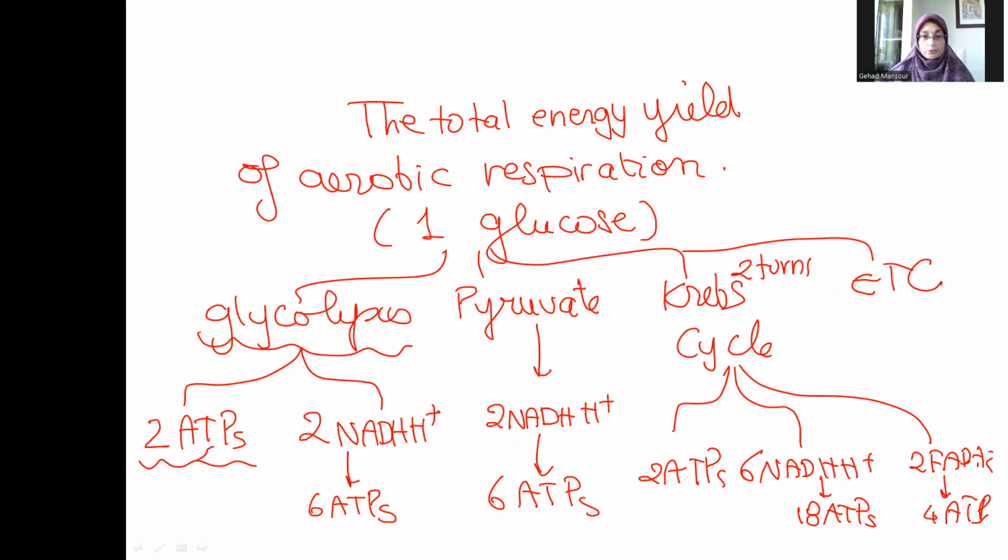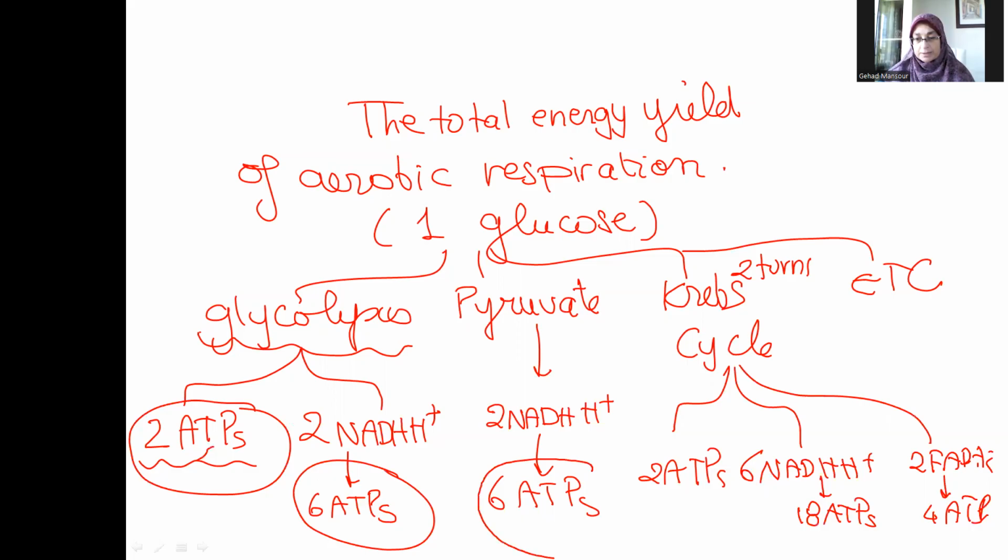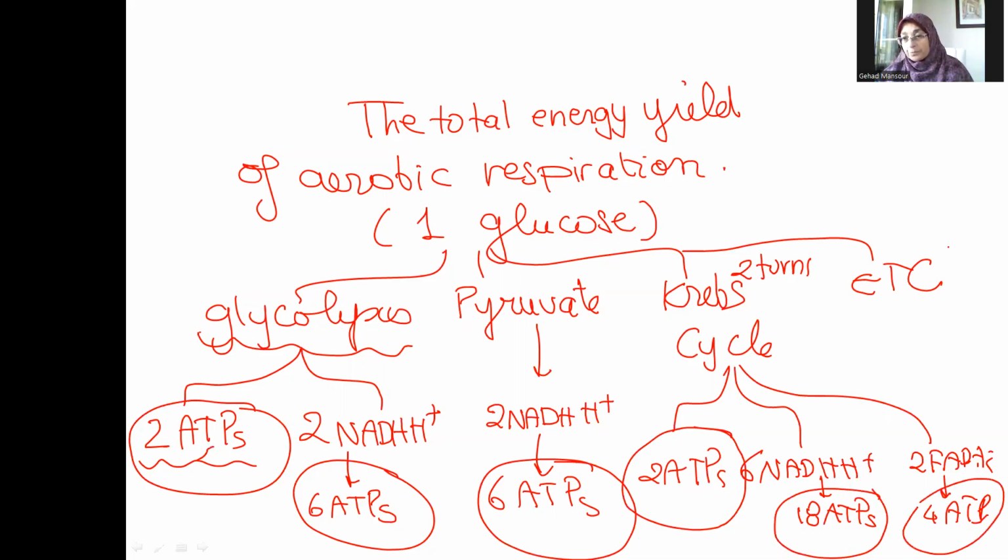Let's calculate the total. So here we have 2 plus 6, this is 8, plus 6, this is 14, and then 16, and then 16 plus 18, 34, and then 38. Here, why didn't we put any calculations?